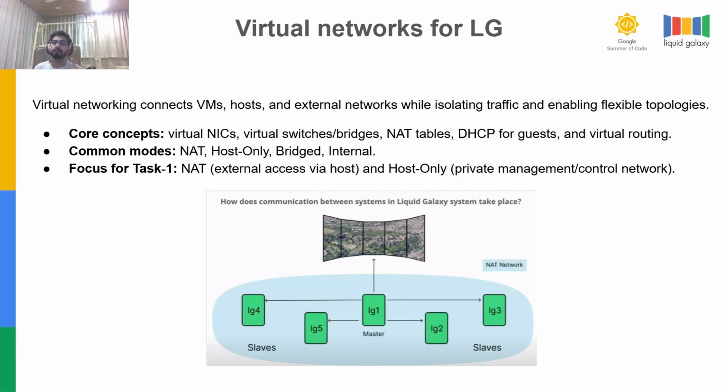But if you remember, we did not assign any IP address manually to any of the machines. How did they get an IP address? It is because of DHCP. It basically assigns IP addresses to the devices on your network automatically. You can also configure them manually, but generally DHCP does that for you.